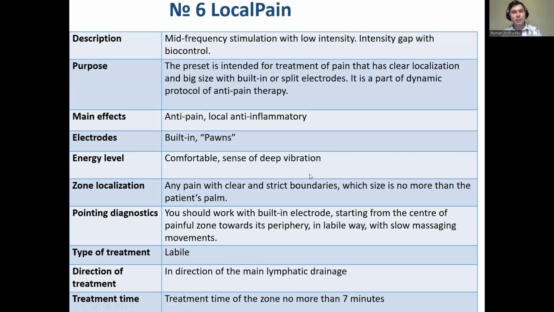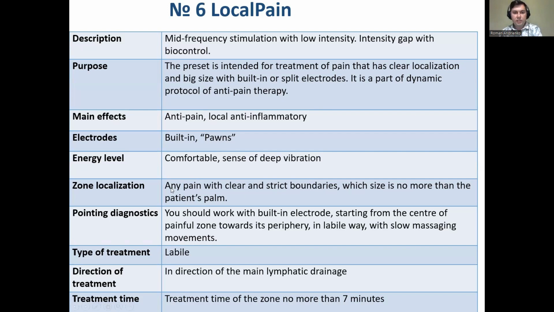Number 6, local pain. Yes, this is something that is bigger than our electrode, but yet has very clear boundaries and is not super big. So this preset is intended for treatment of pain that has clear localization and is bigger in size than the electrode.